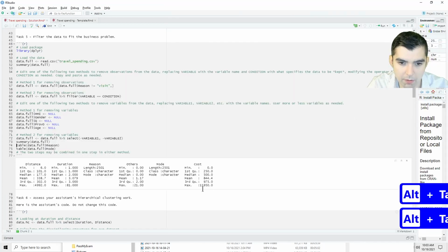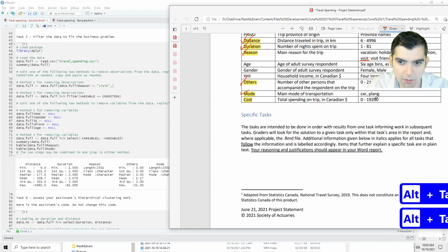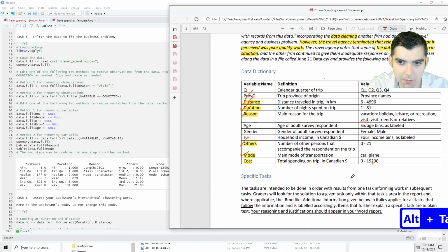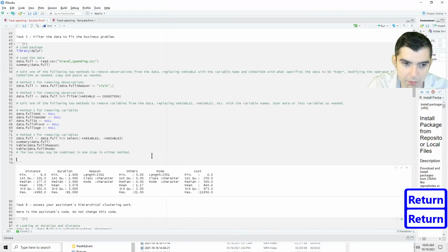Wait, that's only going to, no, that's 19,000. This is only 12,000, but that's okay because we did remove some values, so we might have removed the max. So how many values did we remove?